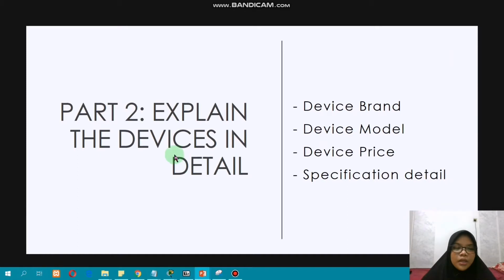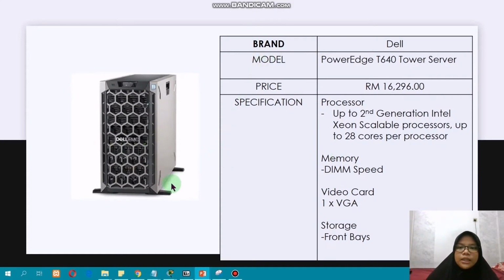So go to part 2, explain the device in detail: device brand, device model, device price, and specification detail. For my tower server, I'm using brand Dell, model PowerEdge T640 tower server, and the price is quite expensive, 16,296 ringgit.